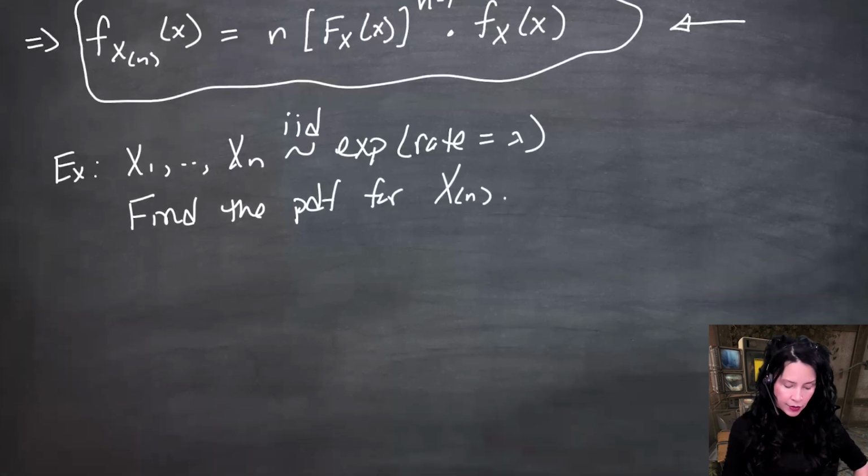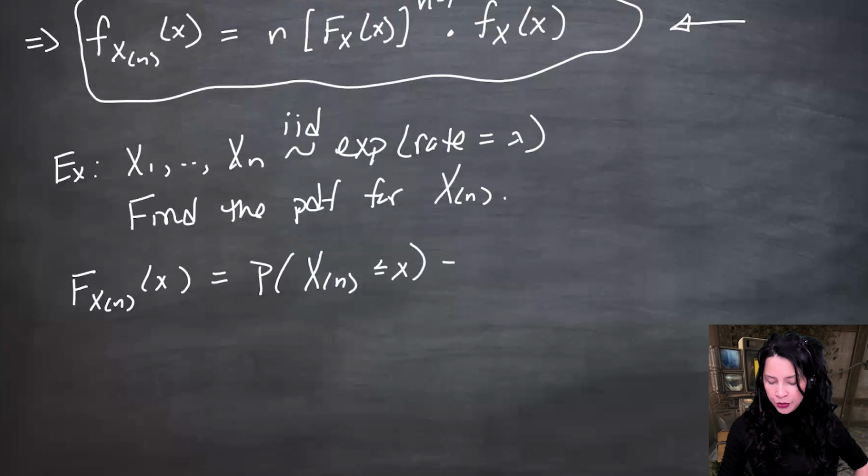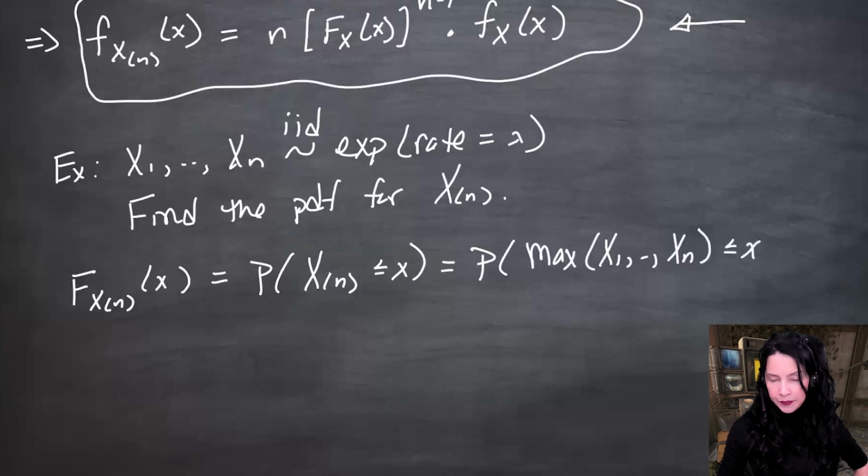I'm going to do it the long way because it's not that long. I'm going to start with the CDF. This is the probability that the maximum is less than or equal to x. If you need to, write it out: max of X1 through Xn is less than or equal to x.